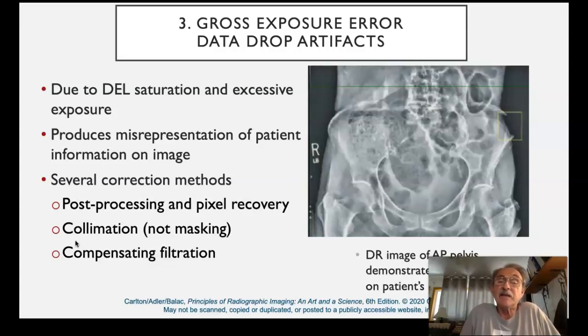We could collimate this more carefully so that we had less scatter radiation. We could offer some kind of compensating filtration to attenuate some of the X-ray in that area of anatomy, and by doing that, we would be able to perhaps compensate for this error.